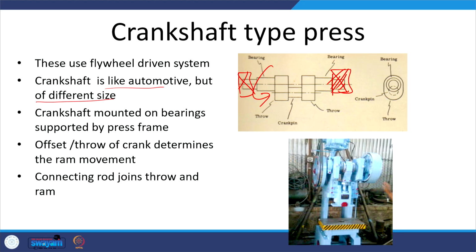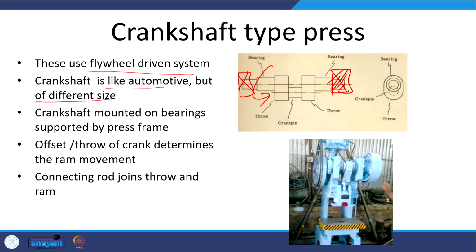This rotary movement is then converted into reciprocating movement. These are usually flywheel driven, because if the crankshaft is directly connected with the electric motor, and the power is delivered to the ram through the crankshaft, then suddenly a huge load comes on the motor.